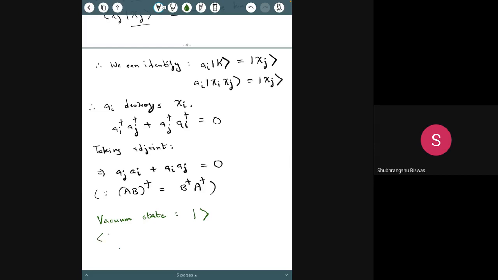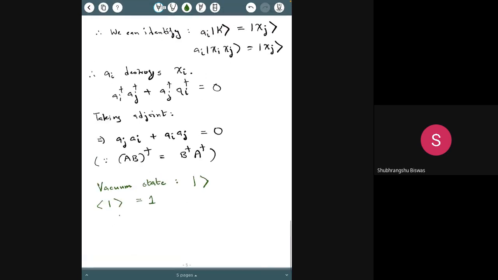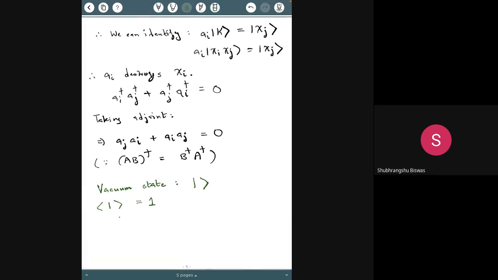And the vacuum state is also assumed to be normalized. And any wave function psi can then be written as a string of creation operators on this vacuum state. So this is how you get rid of any determinant whatsoever.